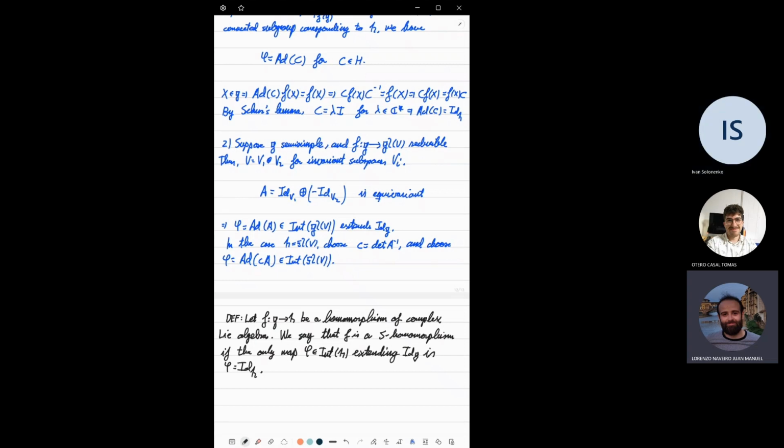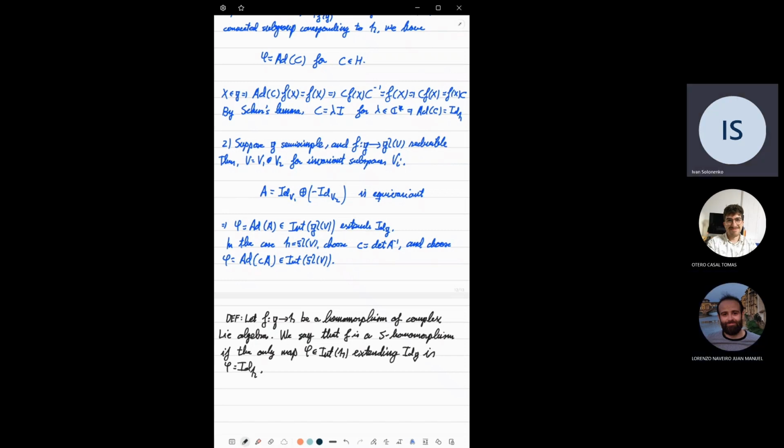And in the proofs of the previous session, the main effort was to see that when we use this correspondence and relate it to the homomorphism, we could always choose the inner morphism so that it extends the identity. So the idea is that now most of the intermediate homomorphisms that appeared in the proofs are going to be the identity map. That's the idea.